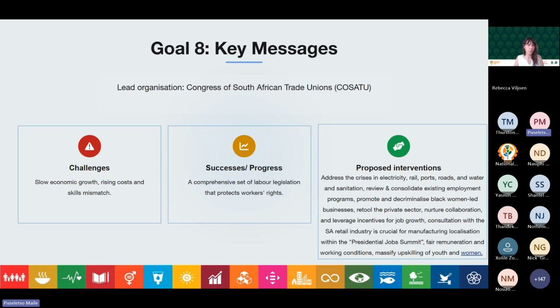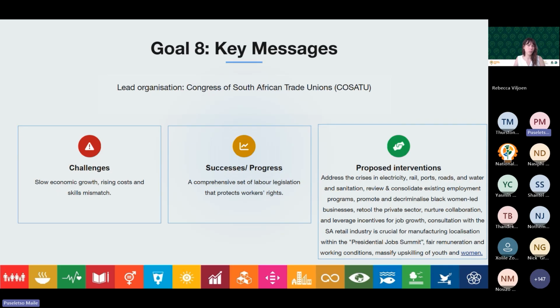Goal 8 was led by COSATU. Some of the challenges that they identified include slow economic growth, rising costs, and skills mismatch. Some of the successes include a comprehensive set of labor legislation that promotes workers' rights. Some of the interventions include addressing the crises in electricity, rail, ports, roads, and water and sanitation, reviewing and consolidating existing employment programs, promote and decriminalize Black women-led businesses, retool the private sector, nurture collaboration, and leverage incentives for job growth.